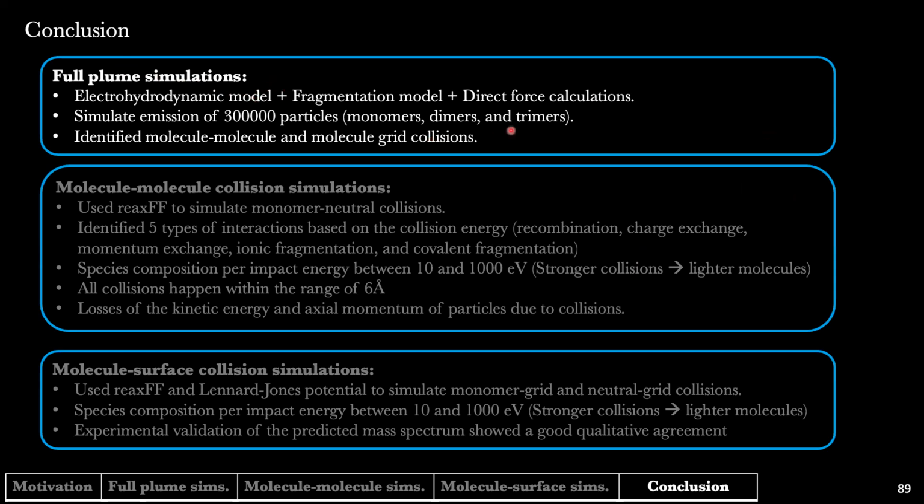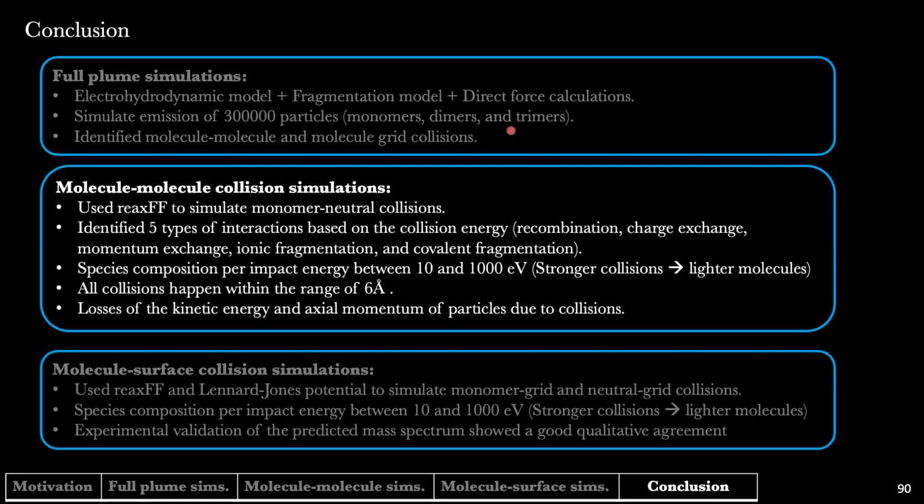And then we identified molecule-molecule and molecule-grid collisions. Then in the second part, I talked about molecule-molecule collision simulations, in which we used a reactive force field to simulate monomer neutral collisions, and we identified five types of interactions: recombination, charge exchange, momentum exchange, ionic fragmentation, and covalent fragmentation.